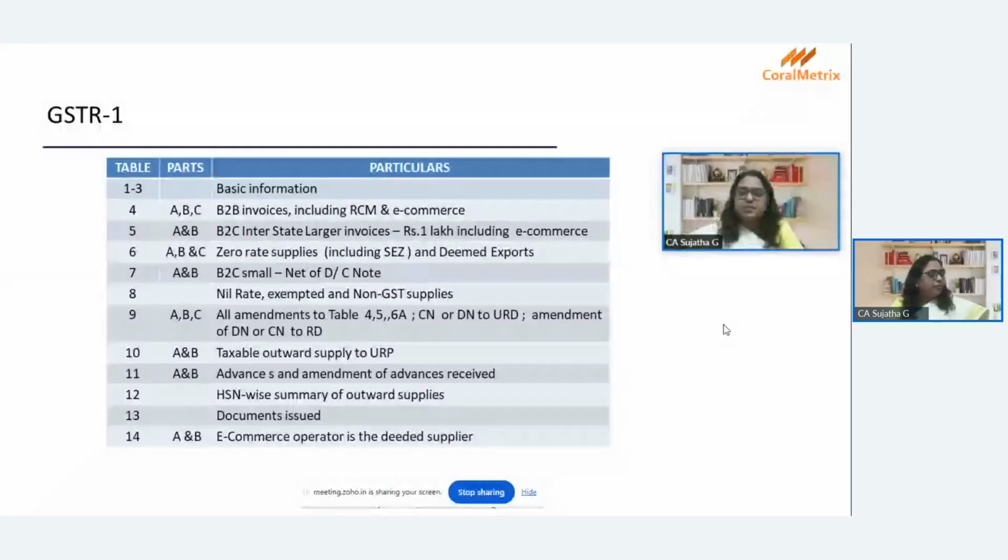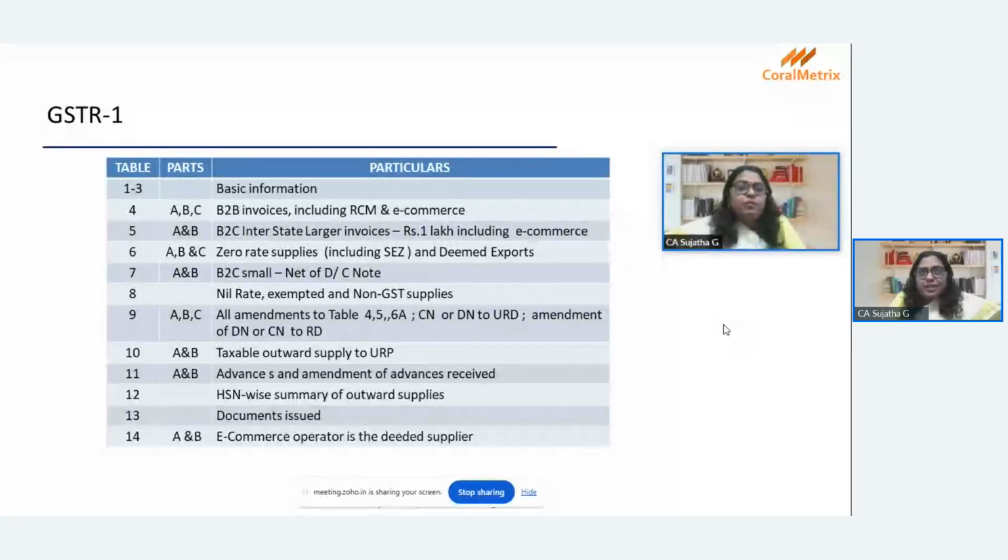The next is the HSN-wise summary of outward supply in table 12. Earlier it was not mandatory. Now the HSN-wise summary, whether you are reporting 4-digit or 6-digit, is very, very important.